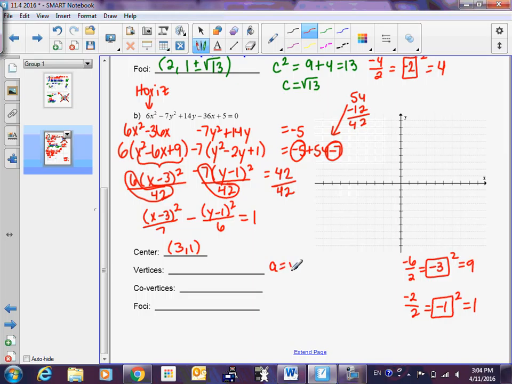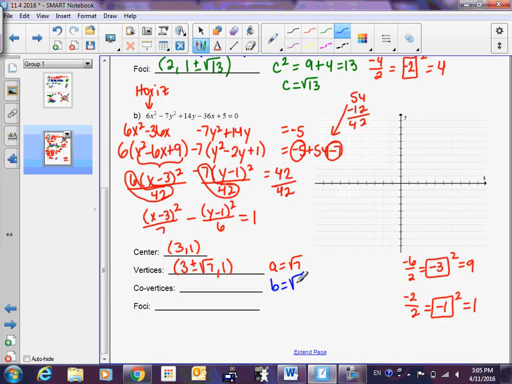Okay, remember a is always first. 7 is not a perfect square, so we're just going to write square root of 7. Since it's underneath the x, we're just going to add and subtract it to the x value of the center. So 3 plus or minus root 7, and then the y value stays the same. What about b?